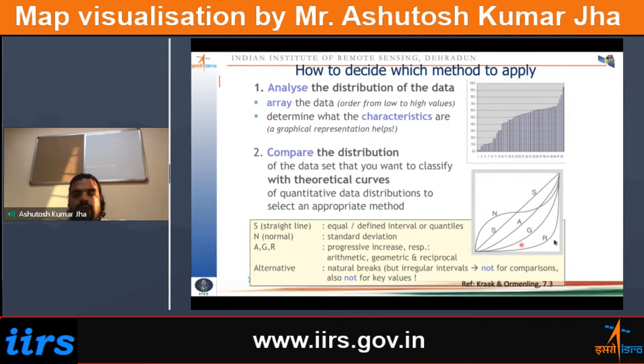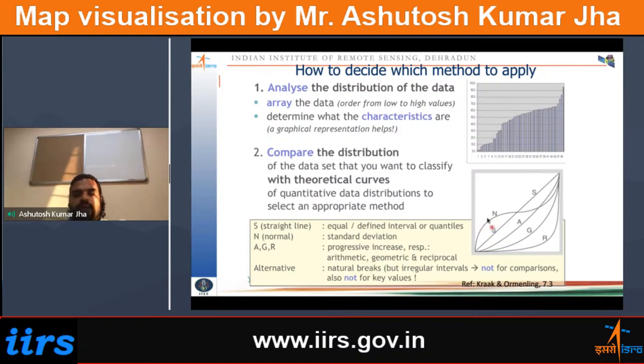And if none of these cases exactly matches, there may be an irregular interval, so we can look at breaking it into multiple segments. That means looking for multiple natural breaks, and then we can do a classification.